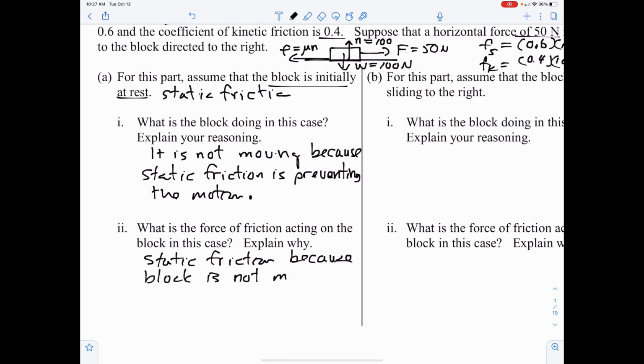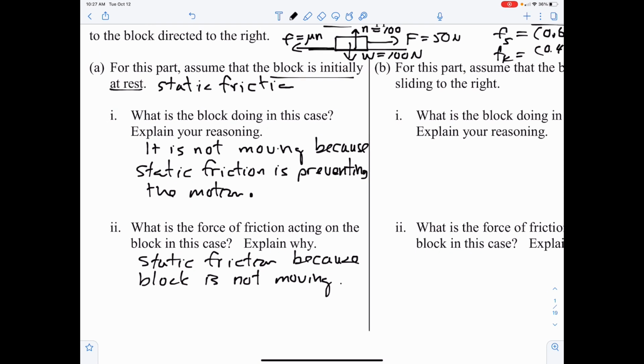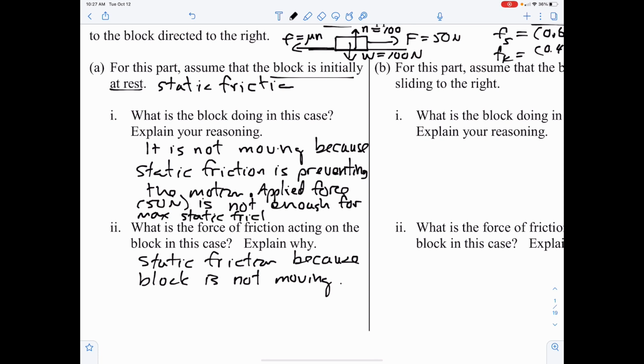And one thing to state about why it's not moving, back in the first part, is that the applied force of 50 newtons is not enough for the maximum static friction of 60 newtons.